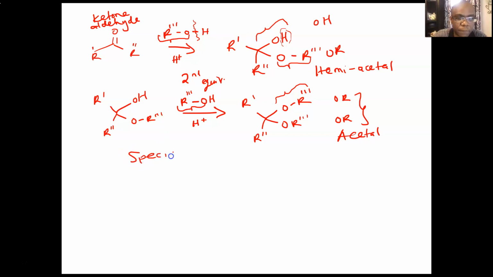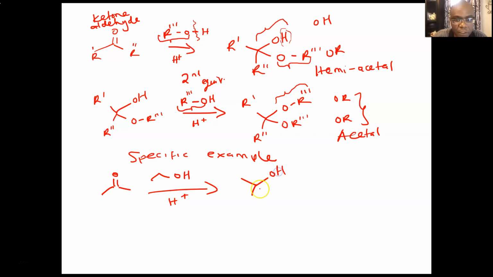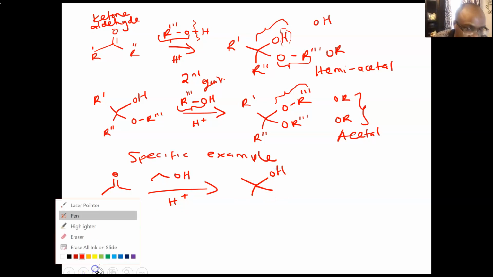Specific example. So let's say you start with acetone, okay, and then your alcohol of choice is ethanol. You add it the first time, so you get OH and the ethanol part. Let me use a different color.